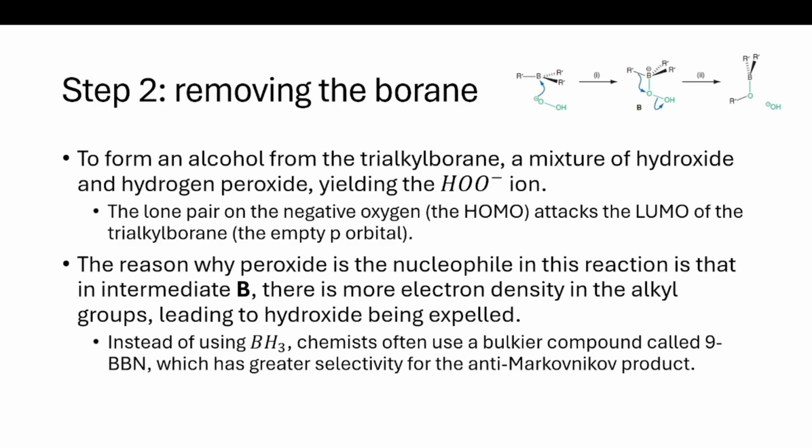The reason why we use this as the nucleophile in this reaction is because once we have more electron density in the alkyl groups, hydroxide will easily be repelled. Now, borane was pretty basic, so instead of that, we use a compound known as 9-BBN, which has greater selectivity and overall prefers the anti-Markovnikov product a lot more.